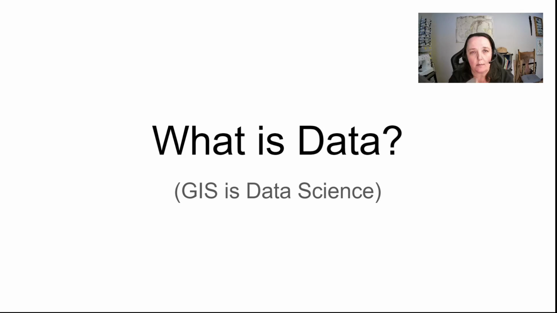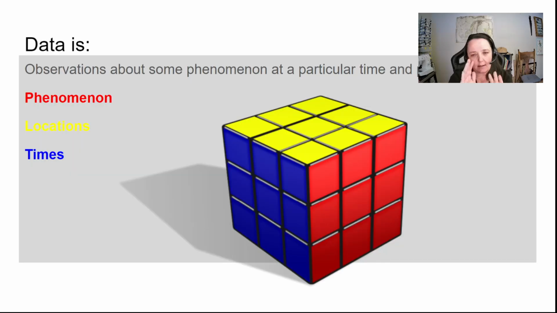Data is observations about some phenomenon at a particular time and place. Okay, so I put this three-dimensional cube on here to try to get you to visualize what this means, right? So when we're talking about GIS data that has a geographic element to it, we have the phenomenon that we're observing, right?